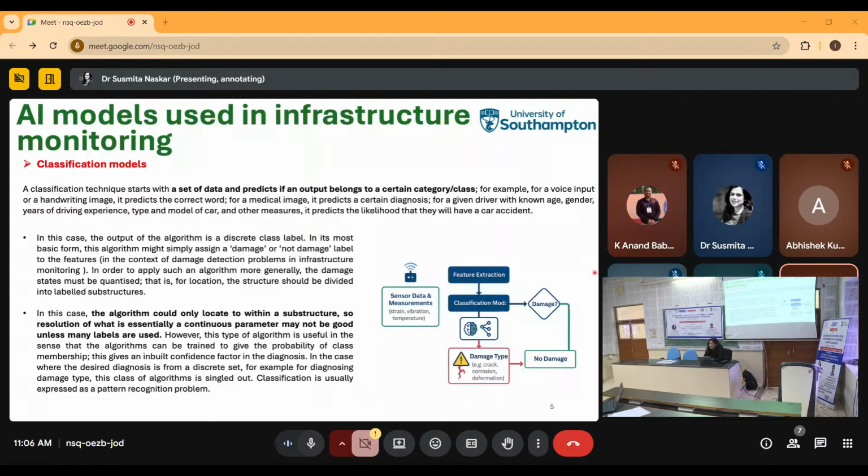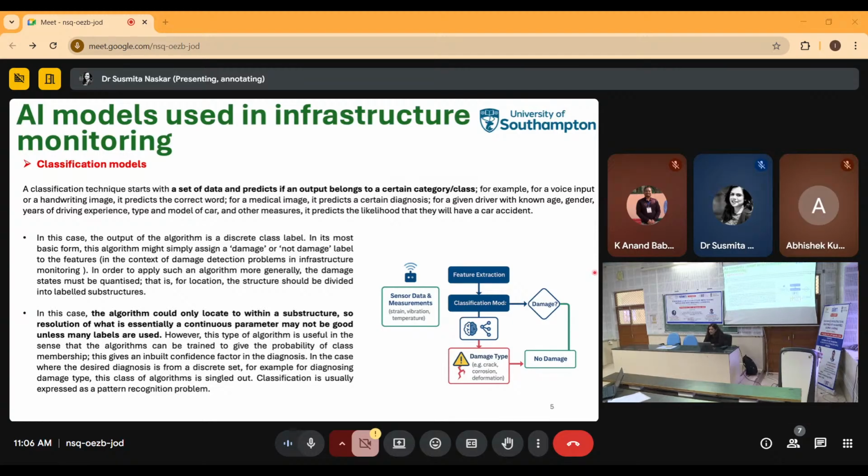Each substructure is treated like a data point, and the model classifies each one separately. This helps the algorithm localize the damage more precisely. But if we use too few levels, we risk losing details sometimes as well.